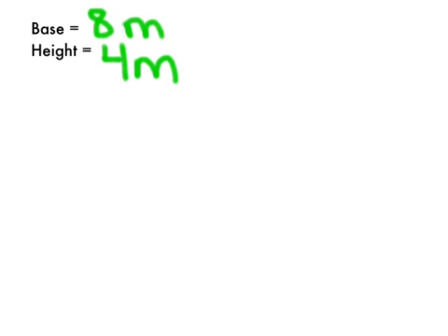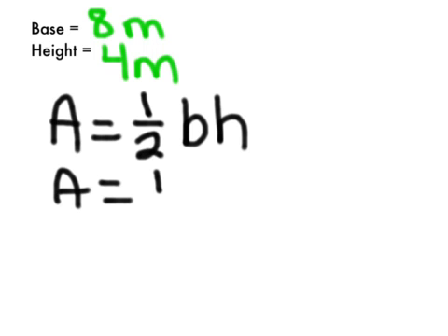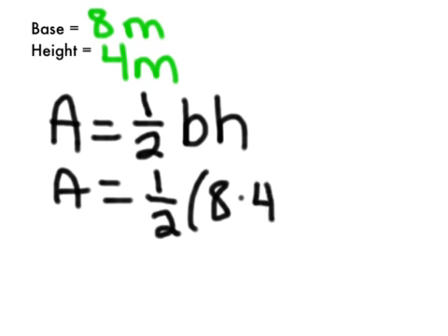So let's write down the formula to get this. Area equals 1/2 base times height. So area equals 1/2 times 8 times 4.